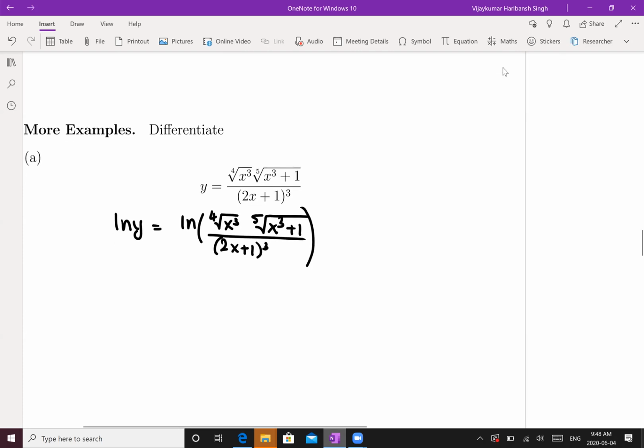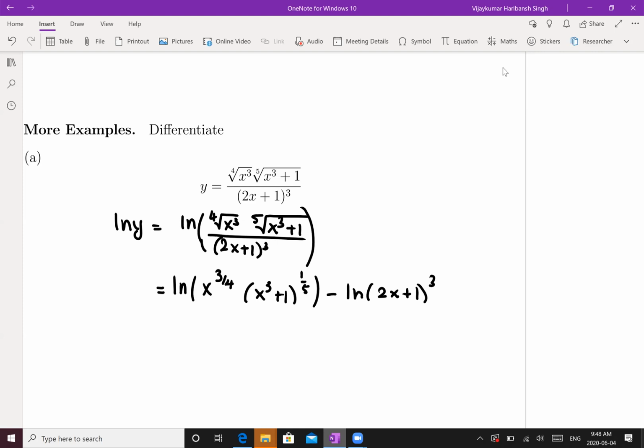Right. So this is going to be ln of, now ln of a divided by b is ln a minus ln b. So I'm going to write this as a power because I'm going to use it soon. So x cube plus 1 to the power 1 by 5 minus ln of 2x plus 1 to the power 3.